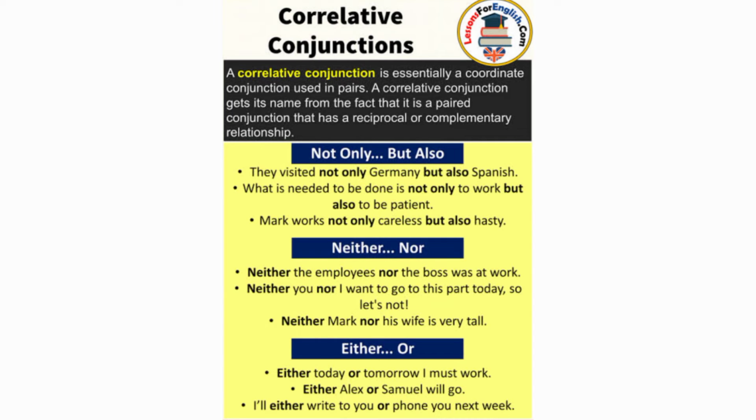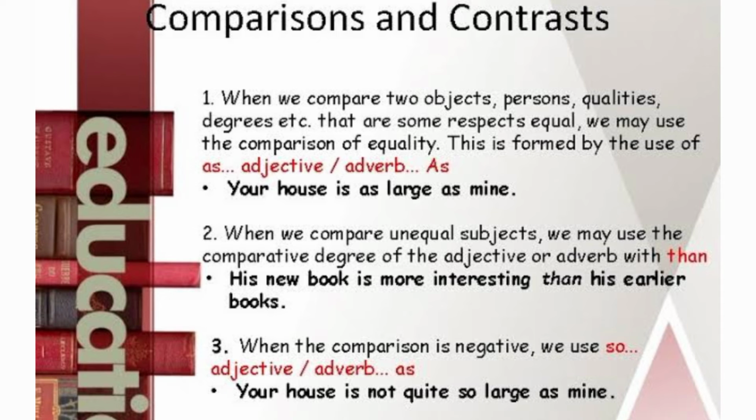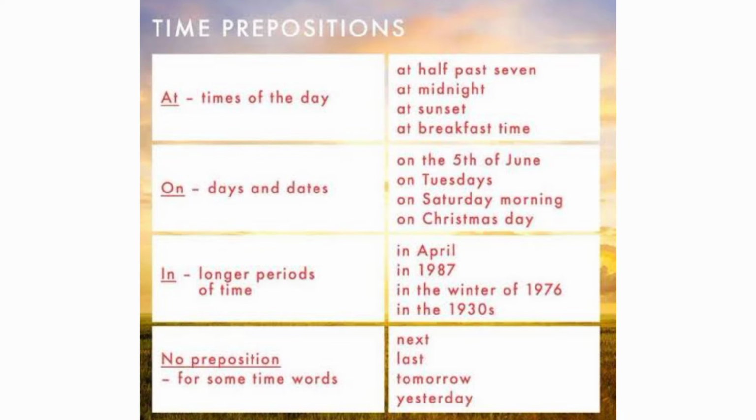Next rule is whenever two qualities of an object are compared, we always use the word more. Like this shirt is more white than red. This umbrella is more beautiful than strong. Next rule is the words like this, that, all, whole, day, plus time.